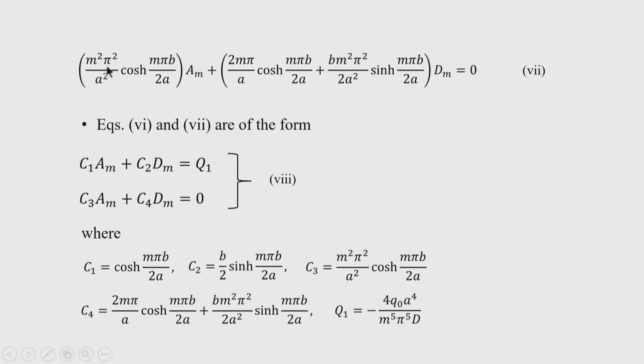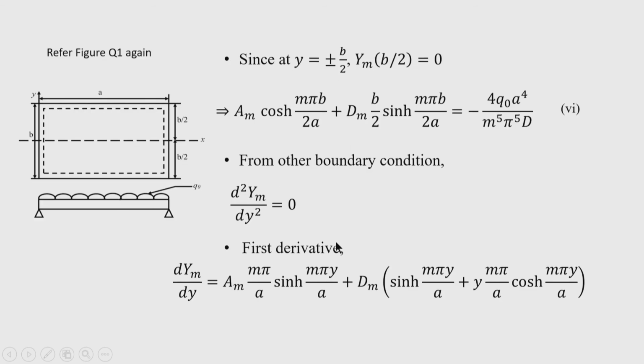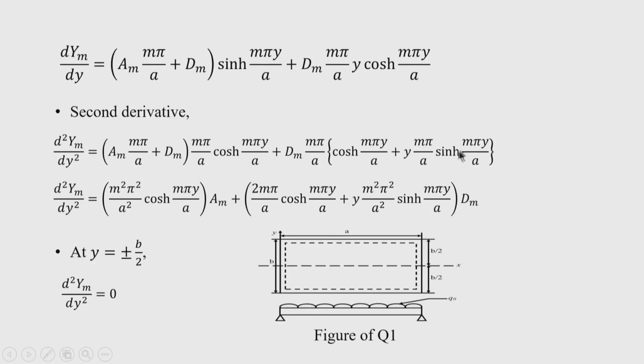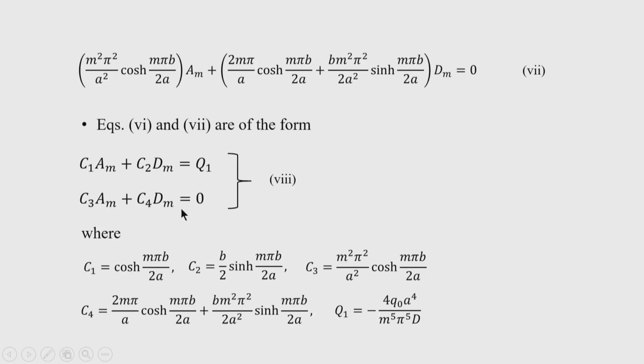C3 is m squared pi squared by a squared cosh(m pi b / 2a), and C4 is this quantity written here. Q1 is the right hand side of the first equation. Okay. So, these two algebraic equations are written in equation number 8, and the coefficients are identified clearly.